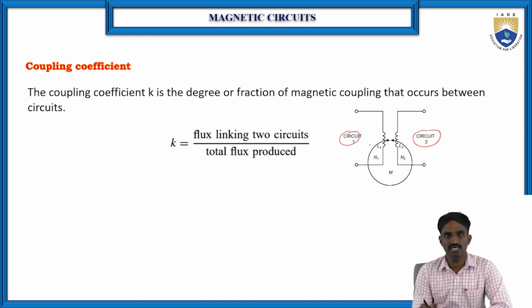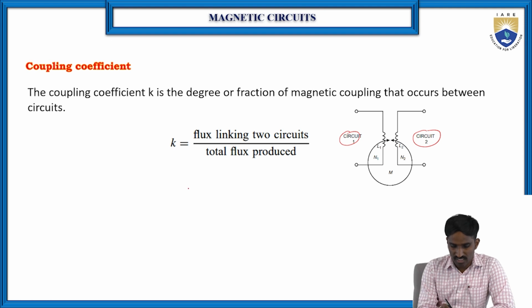Due to the change in current, a magnetic field is produced, and the same field linking with circuit 1 itself is called self inductance. Some amount of the flux is also linking with the secondary winding, which is called mutual induction, so that some EMF is produced across the secondary terminals.